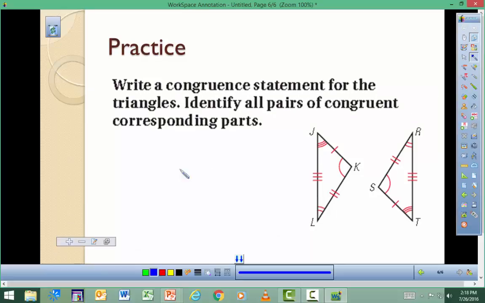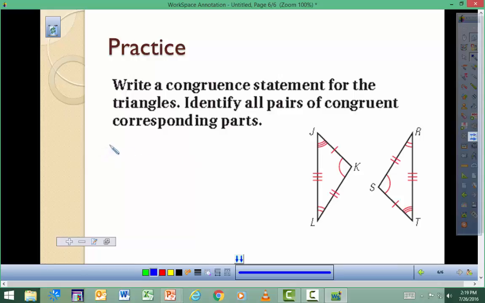The first couple problems we're going to be doing are just writing correspondence statements. So identify all the pairs of corresponding parts. We could talk about the sides and the angles.